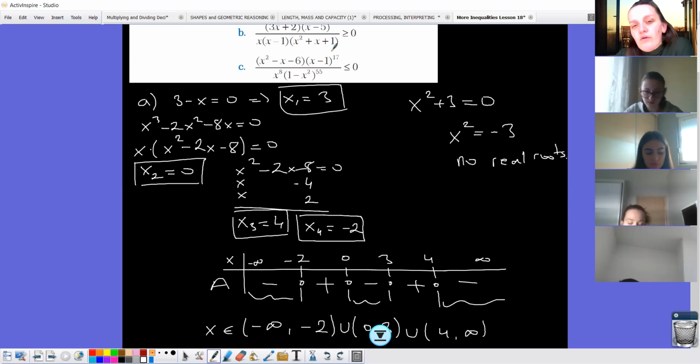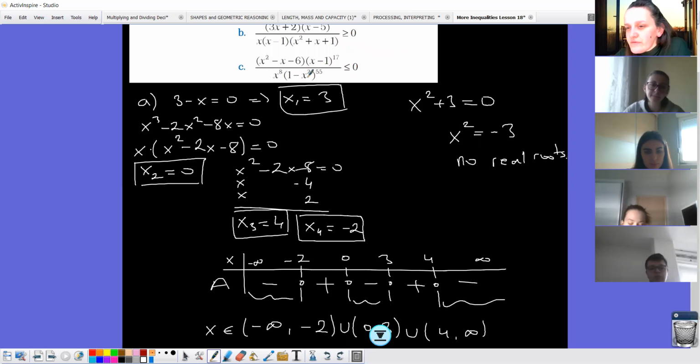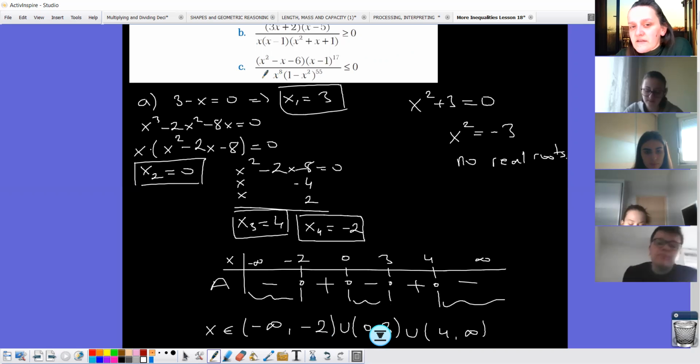If the power is odd, like this, it's not a double root, okay? It won't be a double root. Also here, it won't be a double root. But for this x here, we'll have the value, for example, 0, but it is x to the power of 8. It is an even power, so it will be a double root, okay?